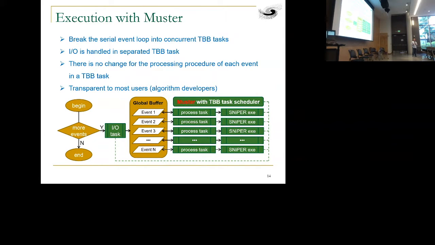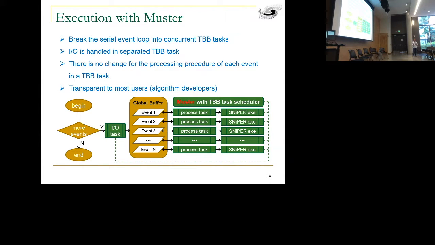When we execute SNiPER with master, the master breaks the serial event loop into concurrent TBB tasks. The data I/O is handled in a separate TBB task to improve the performance.